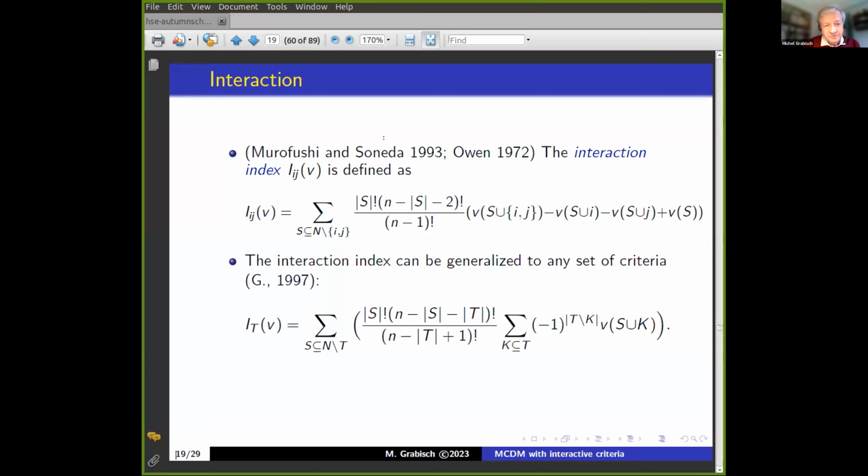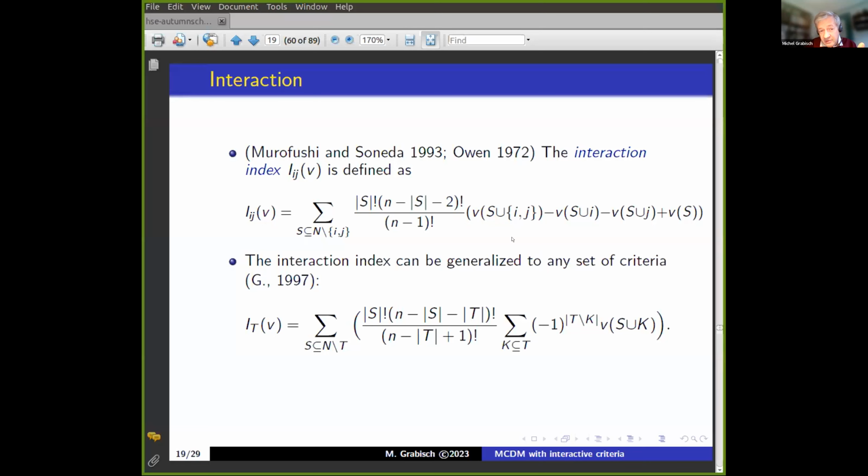So now, if you look at this, it's tempting to generalize the definition to any subset of attributes, not only two, I and J, but I can take three, I, J, K, and more. If I take only one attribute, then I get the Shapley value.